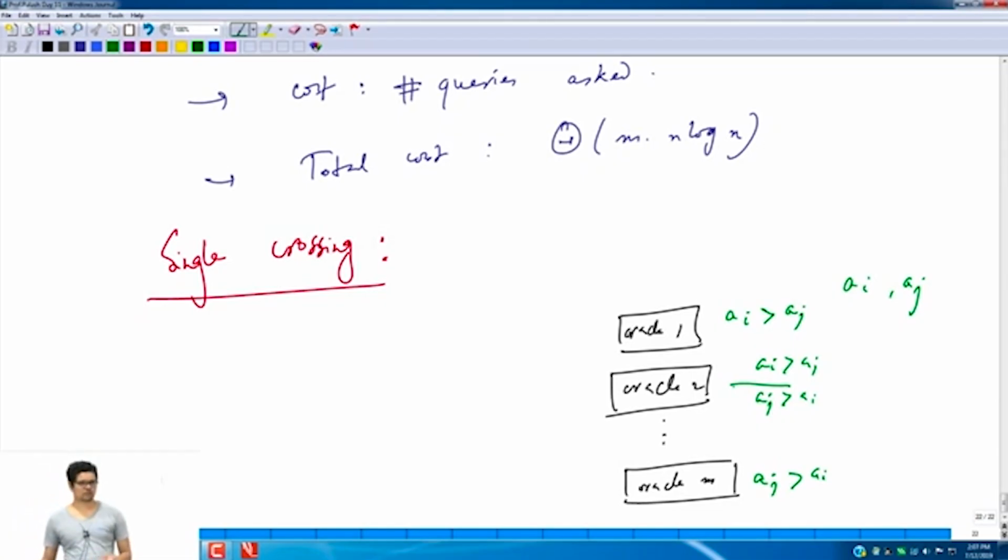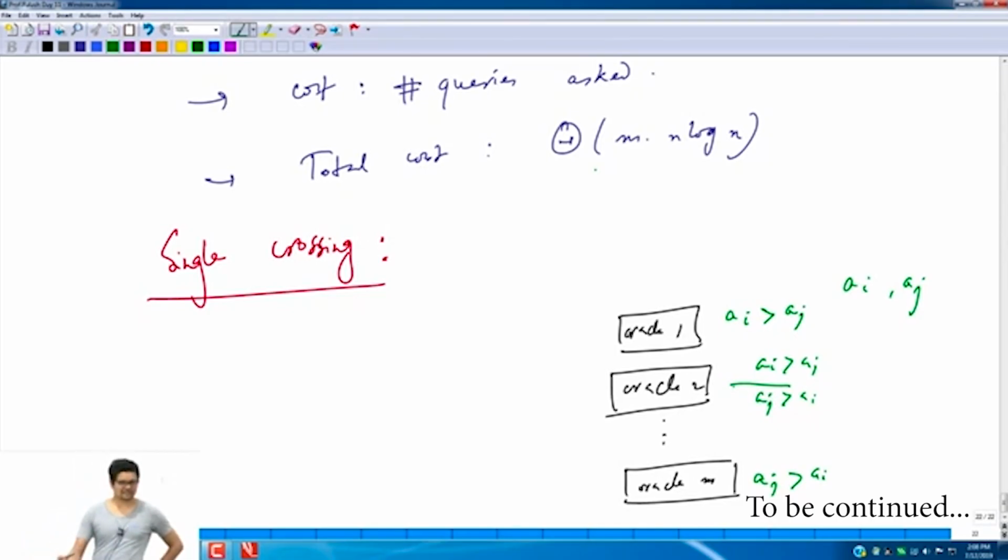So that is the motivation for this kind of assumption, and if we now assume it, then we can do substantially better than m n log n. Let us see how we can know every ordering without asking so many queries.